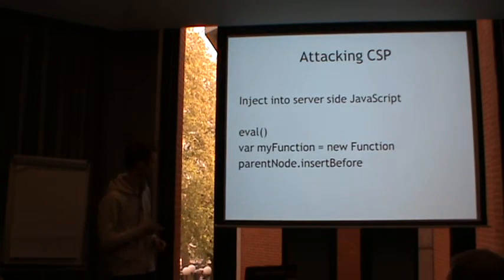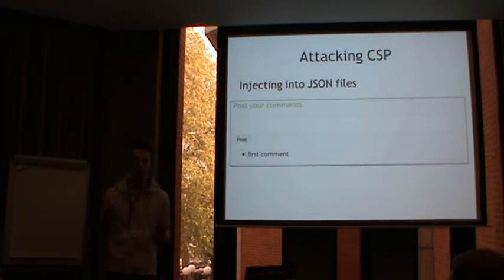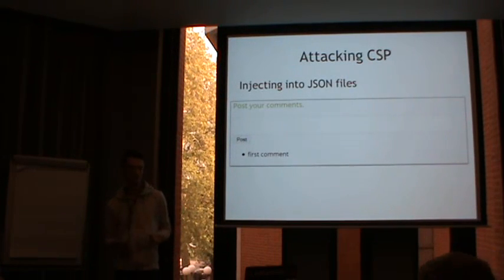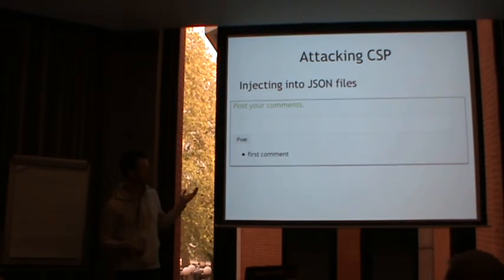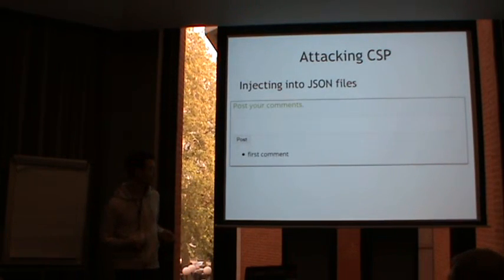Let's hope not. Okay. So another server-side injection is JSON, because JSON, much more obviously, is used for storing data and for reading data from it. So this is a basic PHP commenting system. It is vulnerable. I made it a bit more vulnerable, not because I needed to bypass CSP, but because it's more convenient that way.